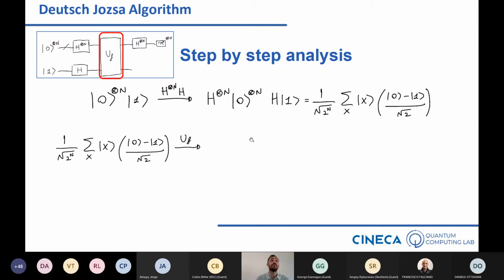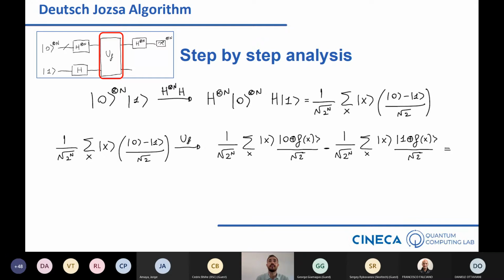So you apply the U of f. What you are doing is the following. You basically split the thing inside the parentheses into two terms. This is the first term, this is the second term. You just multiply the one outside the parentheses with the first term inside and with the second term, plus you apply U of f.